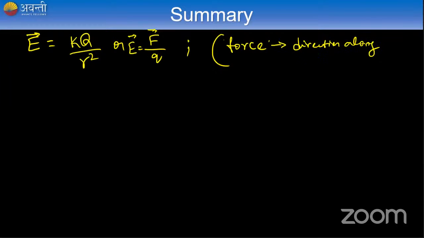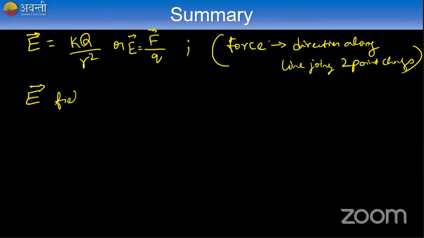The force direction is along the line joining the 2 point charges. Then for electric field direction, it is along the line joining the 2 points.